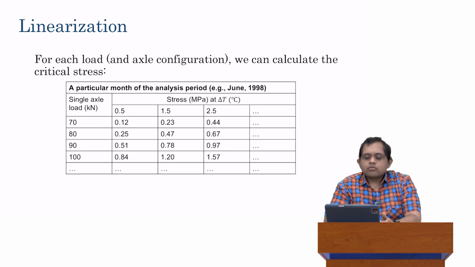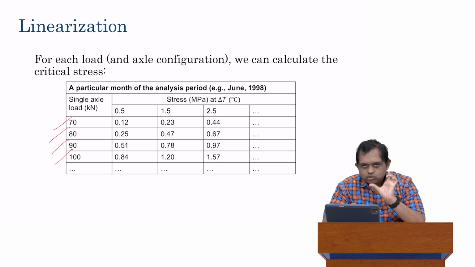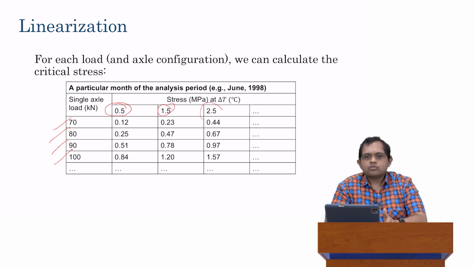What we do then is, for each of the loads of our actual expected traffic spectrum, and then for those delta T values which we constructed out of table C, for each of them we calculate the critical stress using ISLAB. So for example, if we know we have a single load of 70 kilonewtons, we apply a temperature distribution of 0.5 degrees Celsius, 1.5, 2.5, 3.5, and so on.